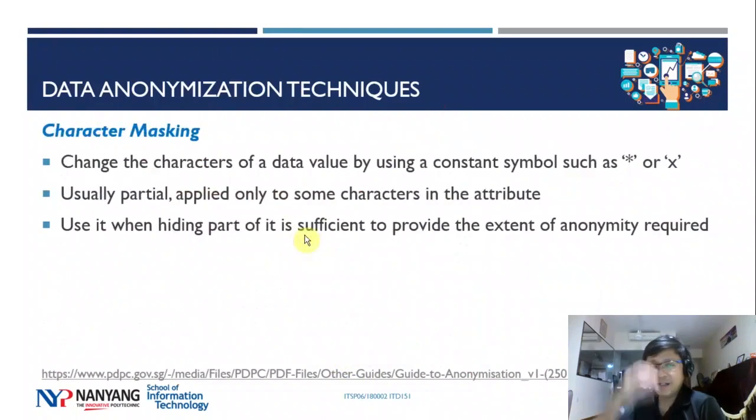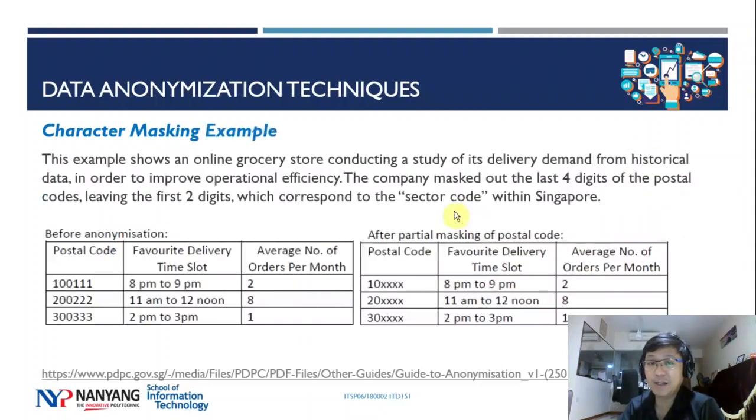Right, another technique that we employ in terms of data protection, in order to make the record unidentifiable, is to mask out using asterisks, like this. Another example: instead of revealing every individual postal code, telling which block you stay in, we basically mask out the block like this.